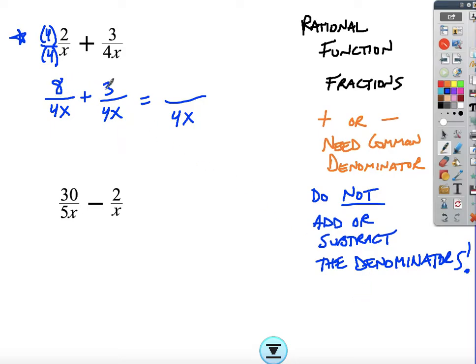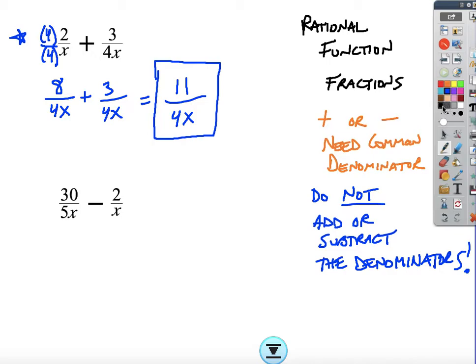You do add or subtract the numerators, the tops. So I can do 8 plus 3 and I can get 11, okay? And then I need to ask myself, does this simplify any farther? So could I divide 4 into 11? And the answer is no, it doesn't simplify any farther. So that would be my answer.